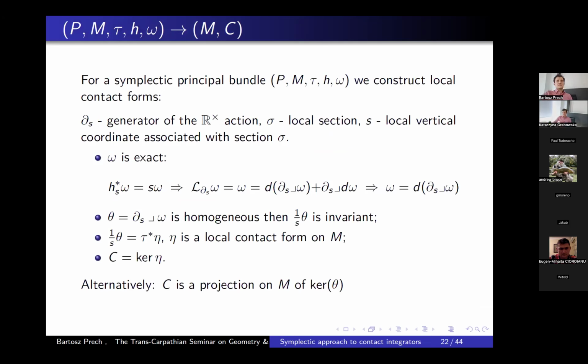Right, then go the other way. We would now like to construct a contact manifold from a given symplectic principal bundle. By choosing some section, we can introduce locally a vertical coordinate S, and I'm sorry, but for the multiplicative structure in R cross, the generator is not d/dS, but S d/dS. This d/dS is in the additive picture, yeah?